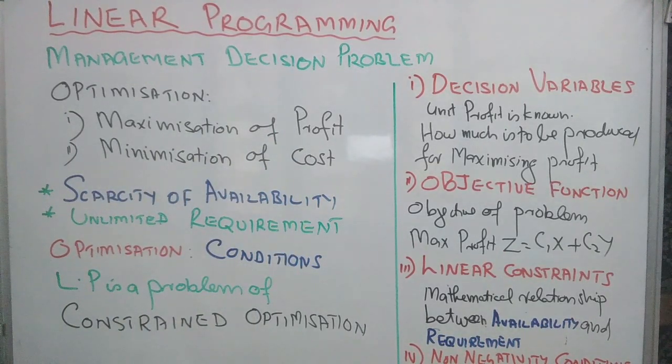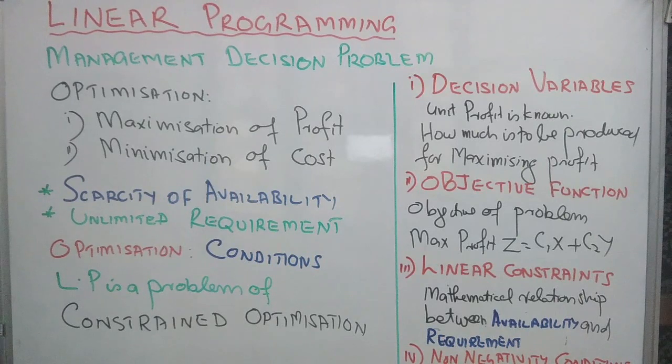So what is the problem of maximization of profit? Profit maximization is based on or related to some conditions, some constraints. Similarly, minimization of cost also. They are not independent. They are dependent. They depend on several factors.